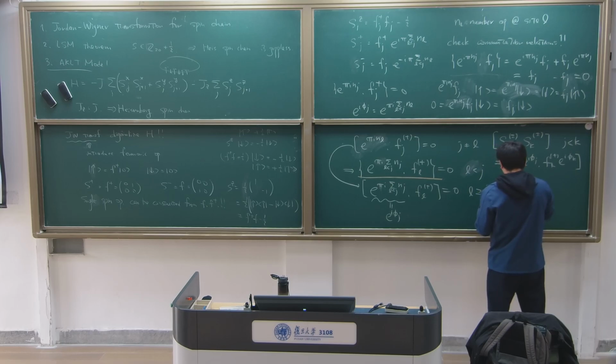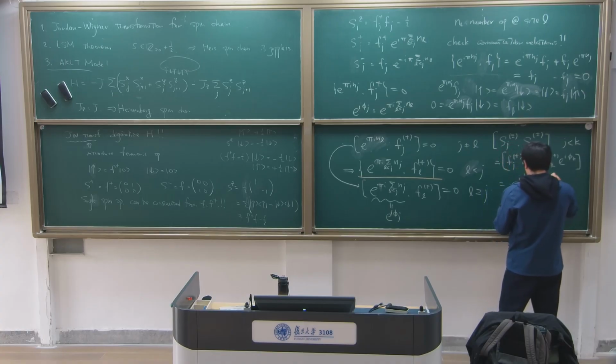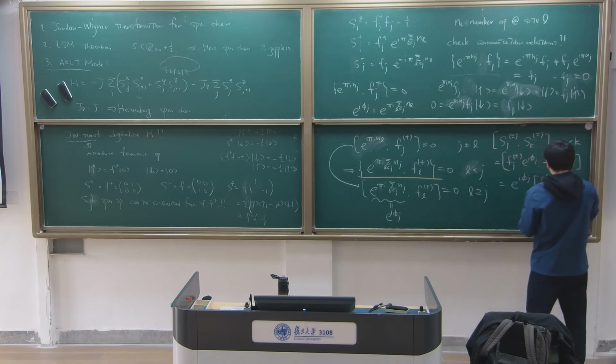So then this is e to the i phi j, Fj dagger, and then Fk dagger, e to the i phi k.